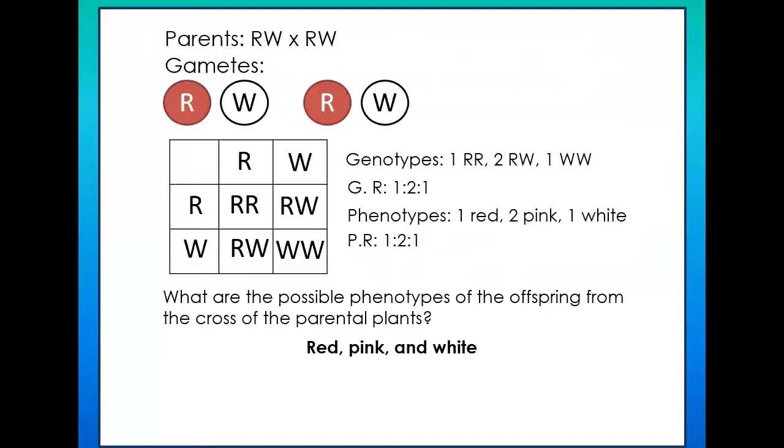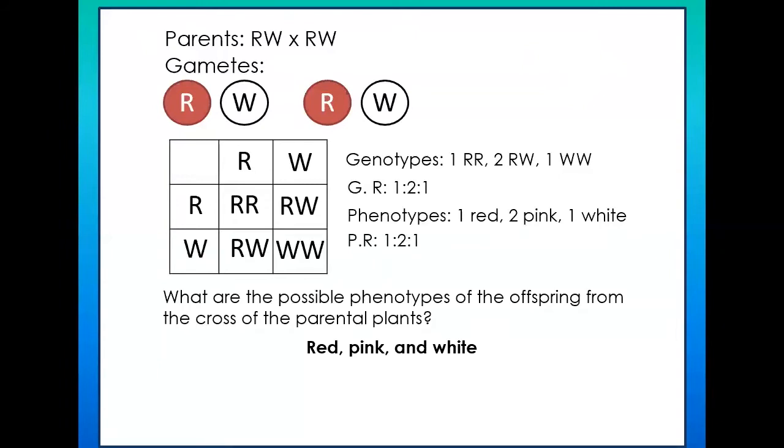So you might wonder, bakit di natin nilagay, sir, yung 1 red, 2 pink, and 1 white? If the question is how many phenotypes are red, pink, and white, that's the time that we have to put the numbers na. But these are just possible phenotypes.